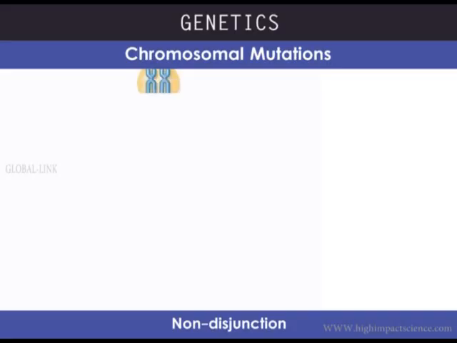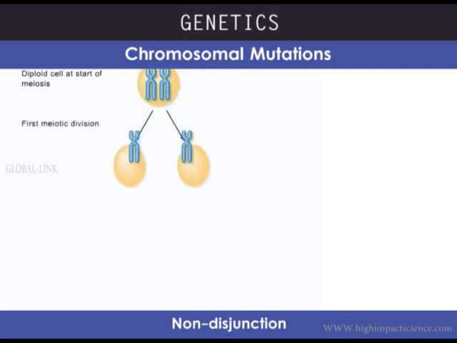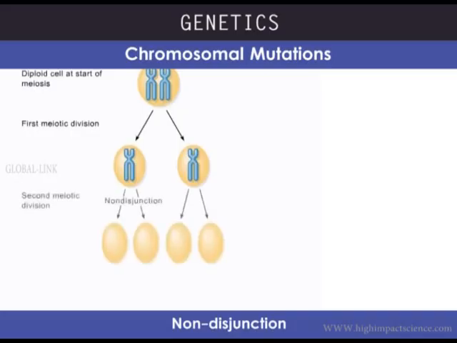What if non-disjunction occurs during meiosis II? Homologous chromosomes separate normally during meiosis I, producing 2 cells, each having a pair of sister chromatids. If sister chromatids fail to separate in one of the cells during meiosis II, then 2 abnormal cells are produced, one having 2 copies of the chromosomes and the other having none.